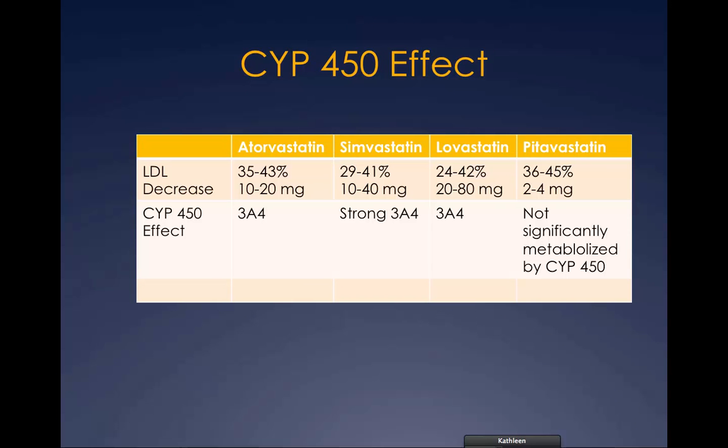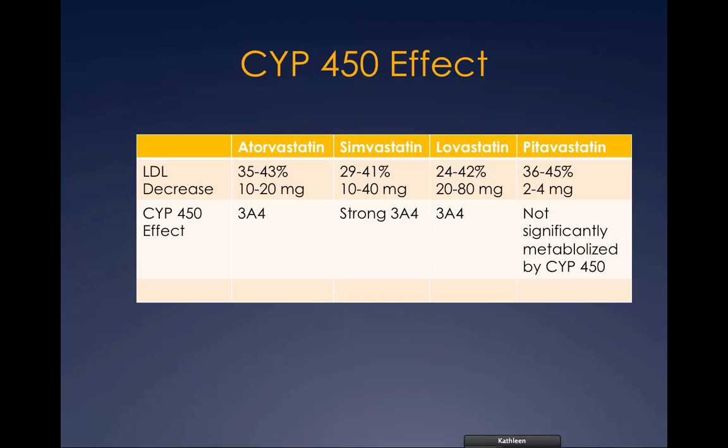Also, the drugs that are metabolized by cytochrome P450 are atorvastatin, simvastatin, and lovastatin, and Pravastatin is not significantly metabolized by cytochrome P450. Notice that the reduction in the LDL is 36 to 45%, which is a pretty good option.